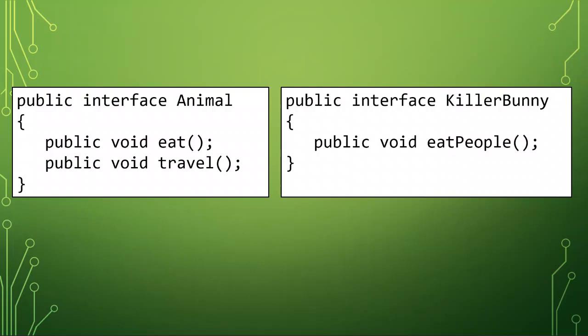So if we assume that we have created these two public interfaces, right here is one called animal with the eat and travel methods, and one called killer bunny that has the one service, eat people. Those two interfaces are perfectly fine.